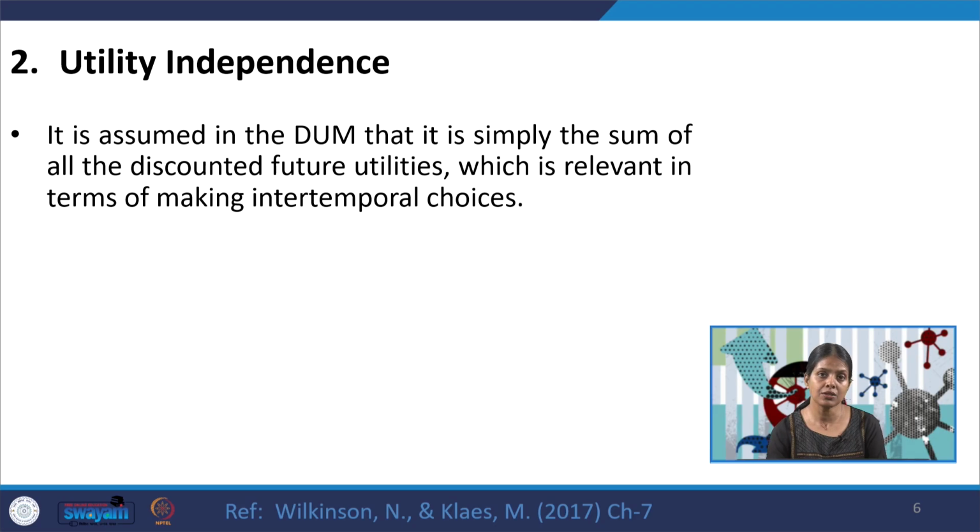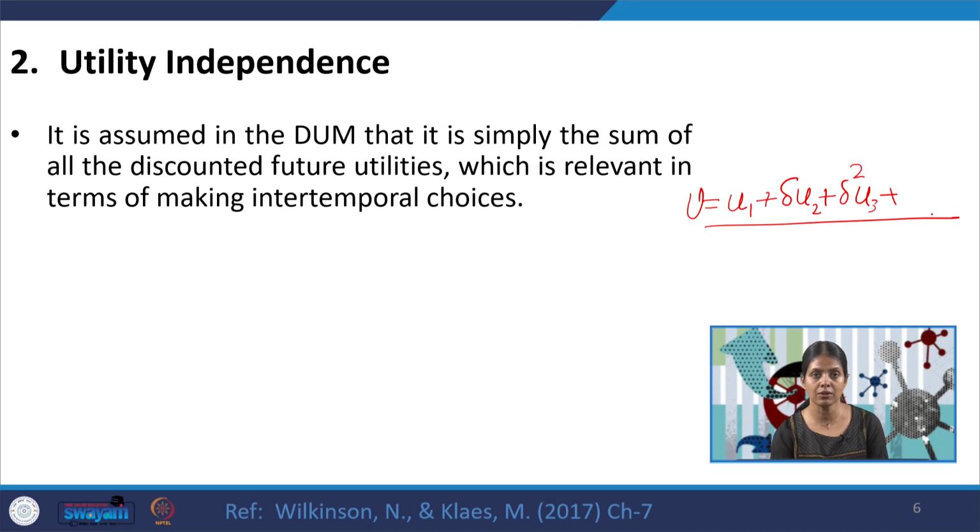The second one is utility independence. It is assumed in the DUM, that is the discounted utility model, that it is simply the sum of all the discounted future utilities which is relevant in terms of making intertemporal choices. So, if you remember the expression, the total utility is equal to the first period utility, say denoted by U1, then the second period discounted utility, then the third period discounted utility, and so on.